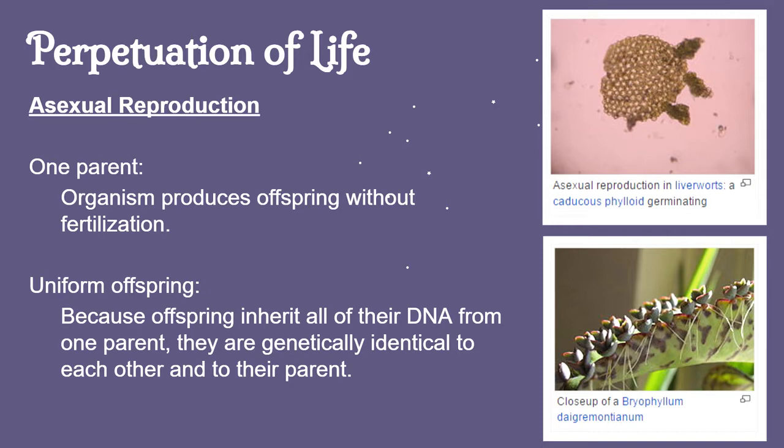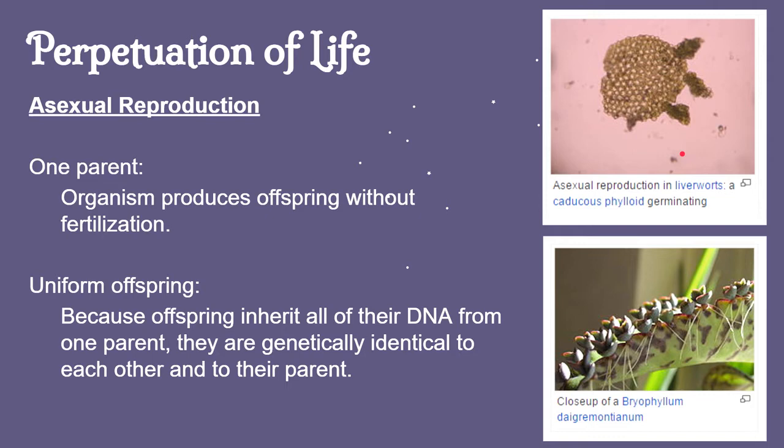So we see here asexual reproduction in liverworts, wherein a caducous phyloid is germinating from the actual plant body. Okay, so this is the actual parent body, then growing on its body is the caducous phyloid, which will eventually become new organisms in the future.